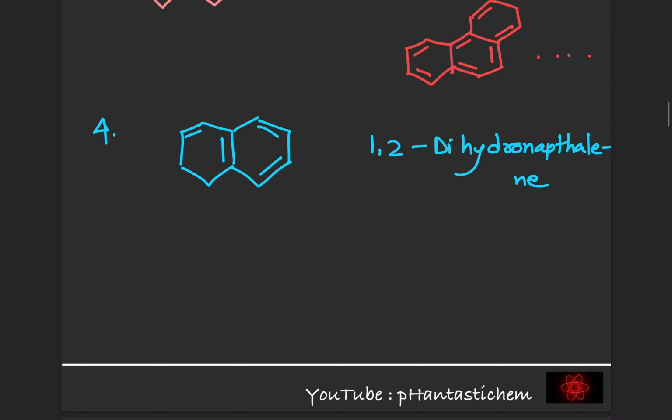At first sight, you can see there is no conjugation here: double, single, single, single. So there is no conjugation. And also this particular carbon is sp3 hybridized. Therefore it won't be planar, because sp3 is not planar.